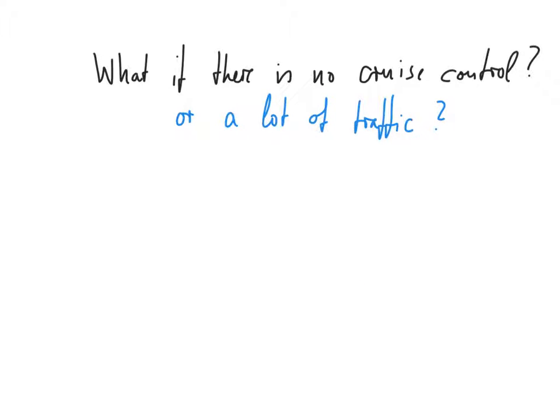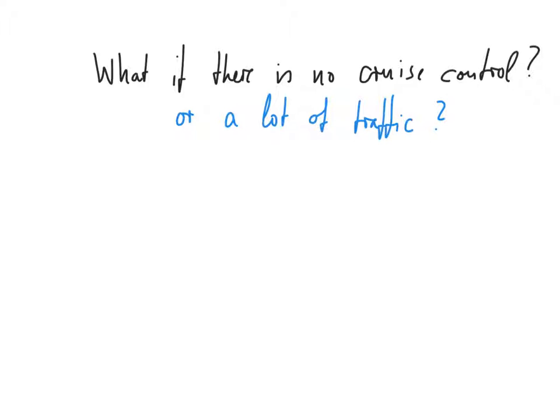Now, how would we tackle the same problem if there were no cruise control, or there were a lot of traffic? We'd have to stop very often, or slow down, and then accelerate again, and so on. The solution that we found in the first part only worked, of course, if we can drive at constant speed for a long time.